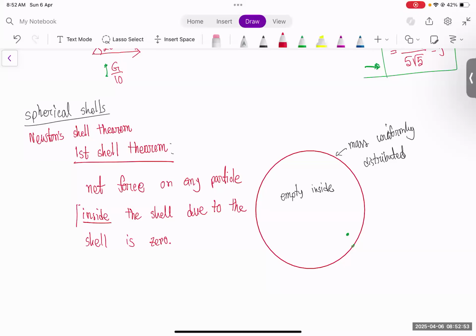Inside the important word, because if you go outside then it's a different case. Outside it actually second shell theorem, but as long as you are inside the shell, the net force due to the shell is 0. এখানে আরেকটা পার্টিকেল থাকতে পারে, সে এর সাথে ইন্টারঅ্যাক্ট করতে পারে, বাট জাস্ট শেলের জন্য যে ফোর্স থাকবে দ্যাট উইল বি 0.